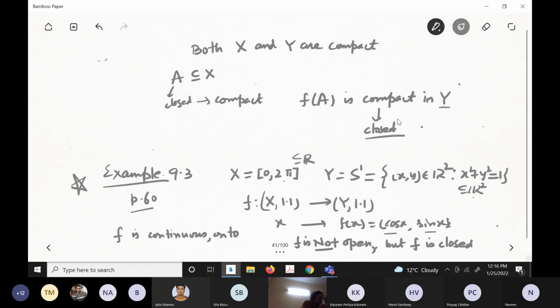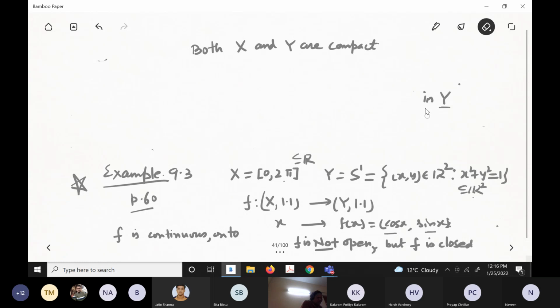Okay. Now, this is a quotient map, but this is not open. How to show that this is not open? Well, I'm giving you an idea. In X, this is the subspace topology, the induced metric. So for 0 to pi, actually it will be easier in a sense to show that it is not open. You just need an open set whose image is not open.